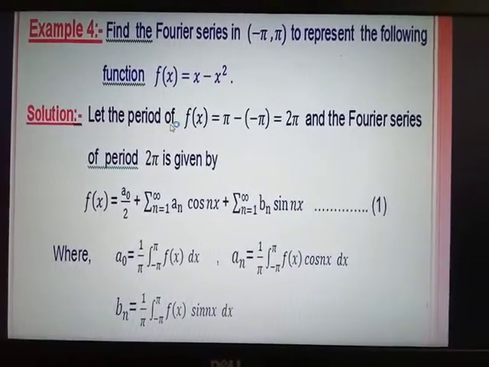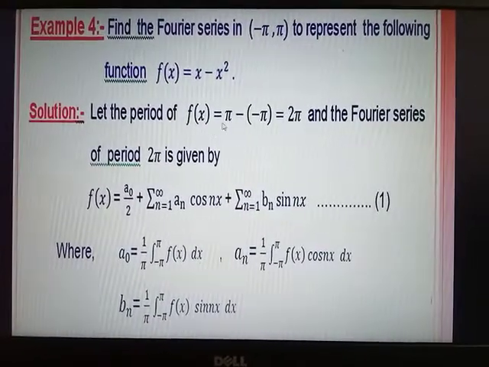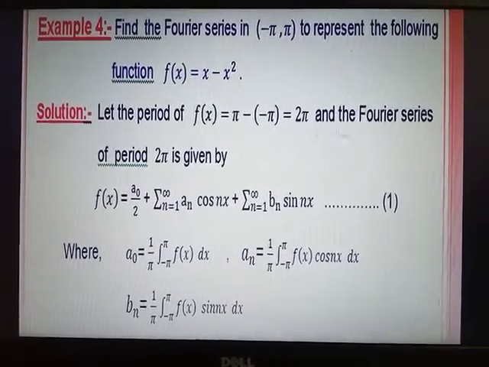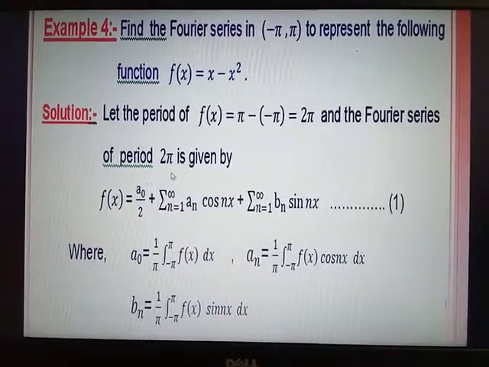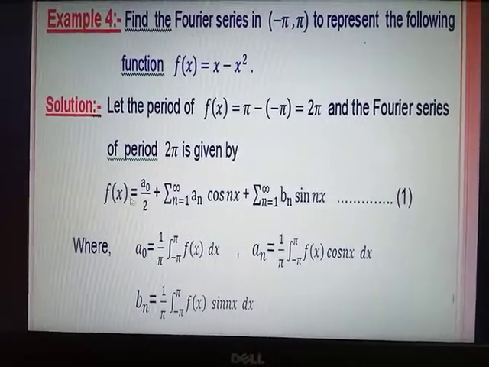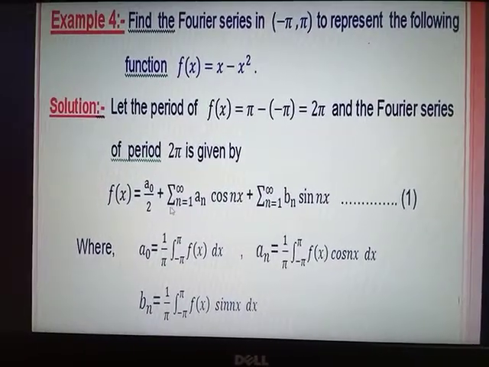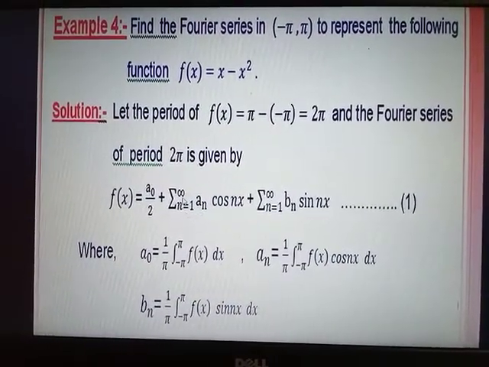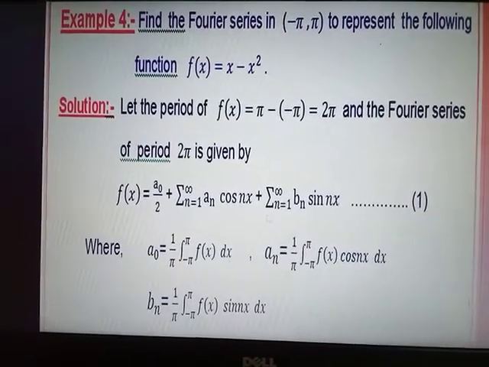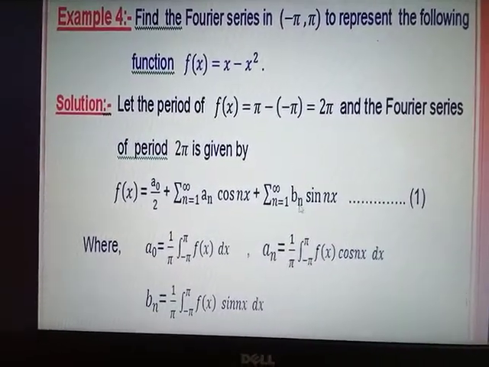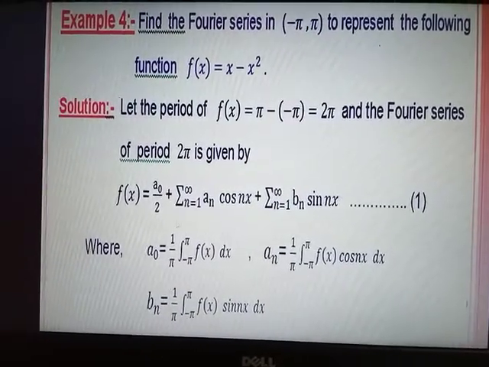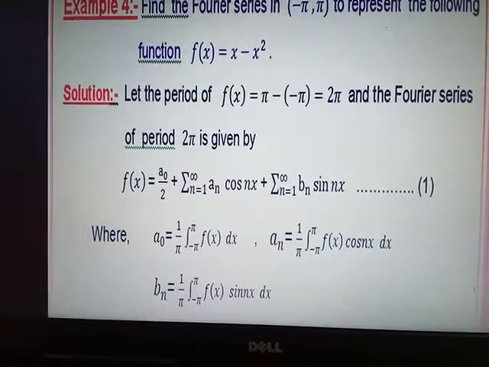Let the period of f of x is equal to pi minus of minus pi, which is equal to 2 pi, and the Fourier series of a period 2 pi is given by f of x is equal to a0 by 2 plus summation n running from 1 to infinity an cos nx plus summation n running from 1 to infinity bn sin nx, and name this series as equation 1.